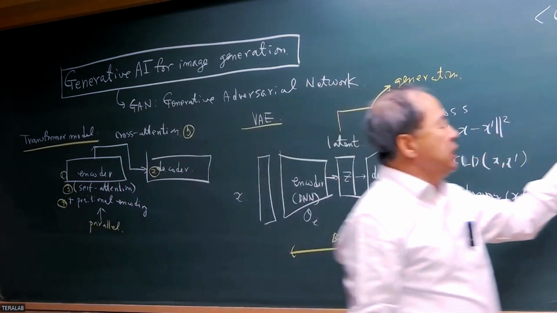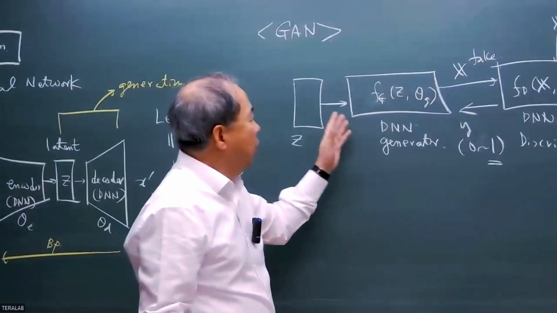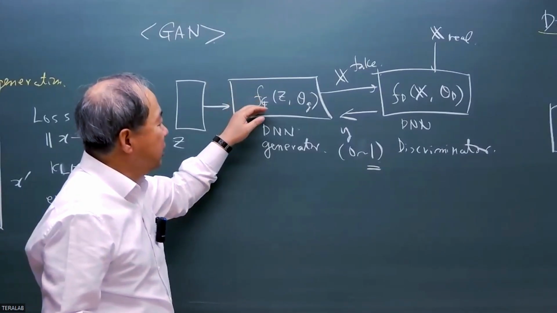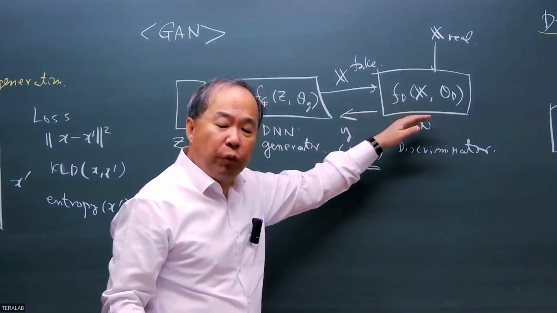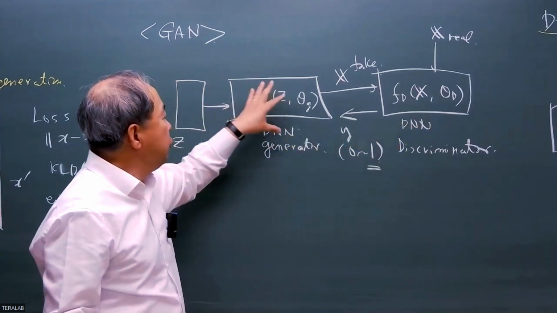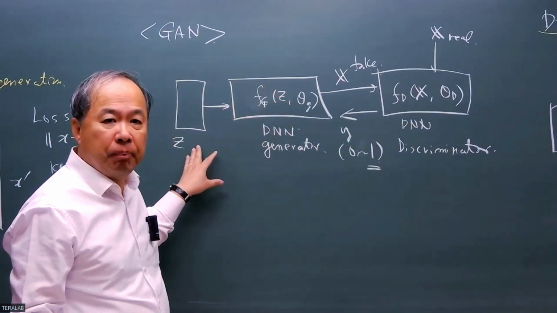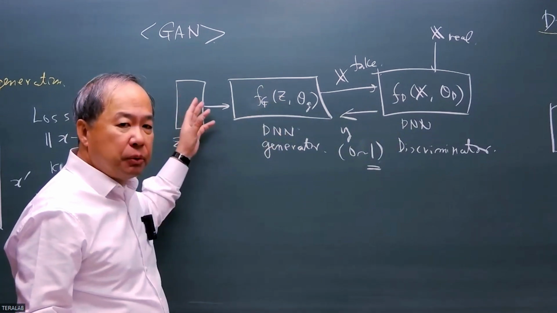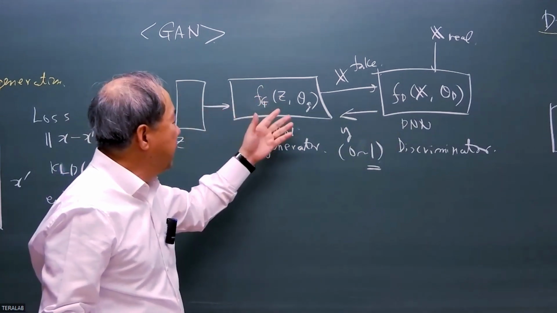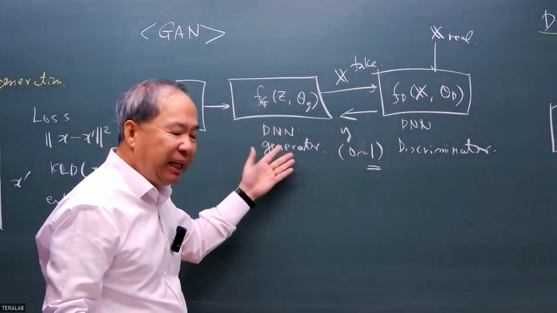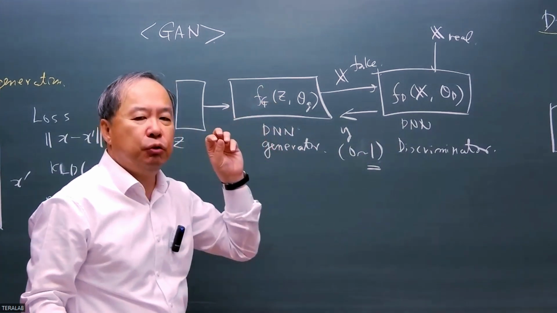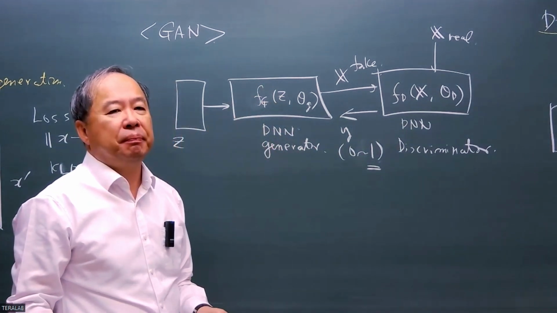In the generative adversarial network, once the generator and discriminator are well trained, we use this generator with the latent vector space. By having different sets of latent vectors and using this generator, we can generate new images.